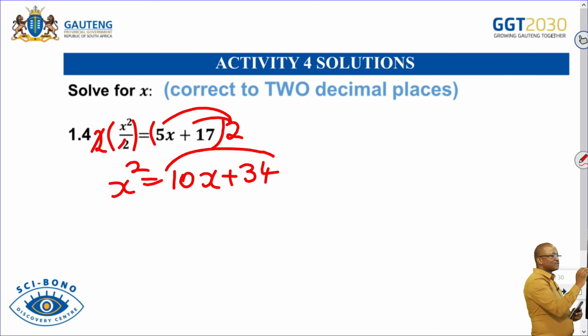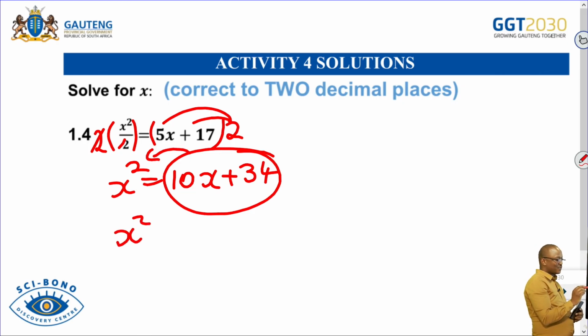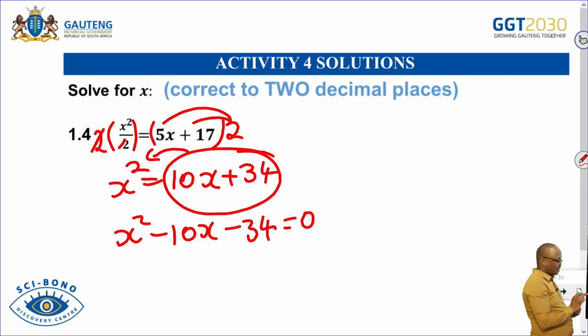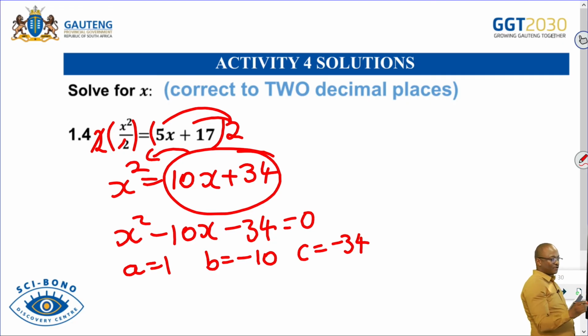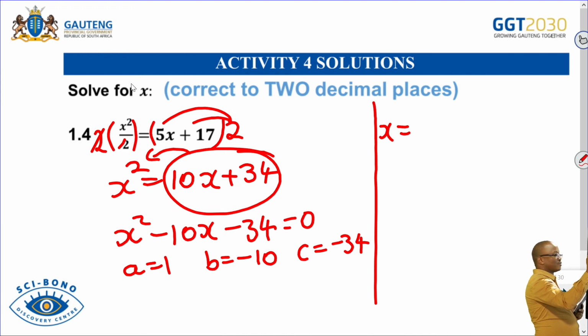Then now we just have to take this one and transpose it, which is going to be x squared minus 10x minus 34 equal to 0. Then now you can see that your a is 1, your b is negative 10, and your c is negative 34. Then now we go into the quadratic formula.